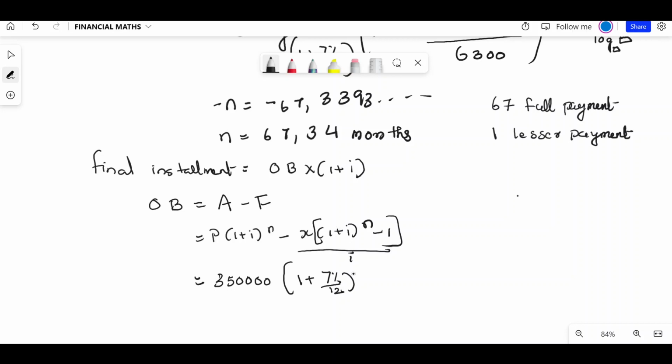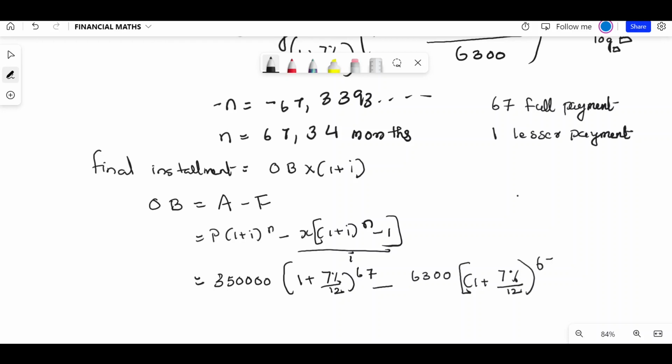So you already made 67 payments. You are going to find the balance outstanding after the 67th payment here.